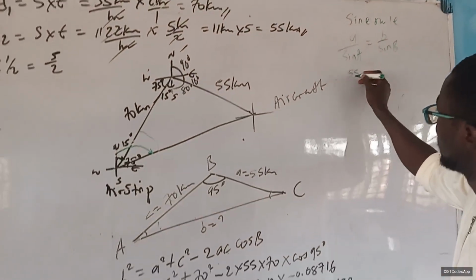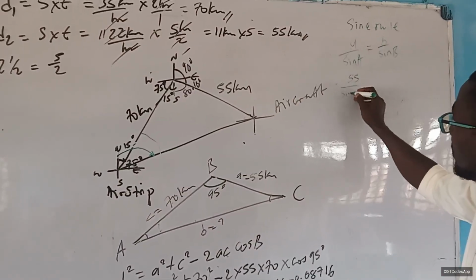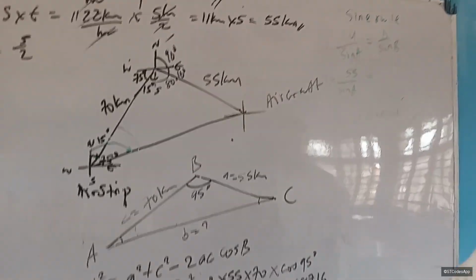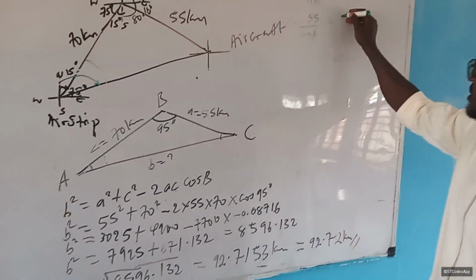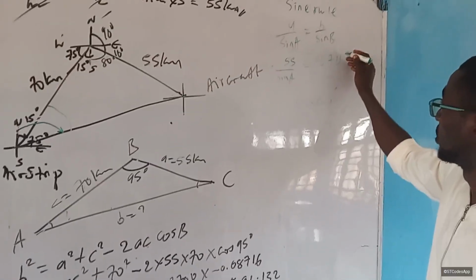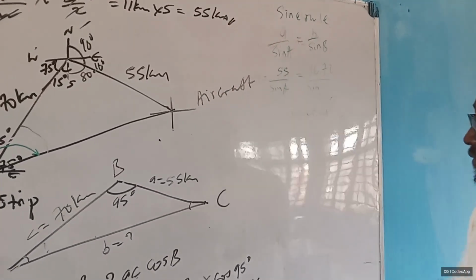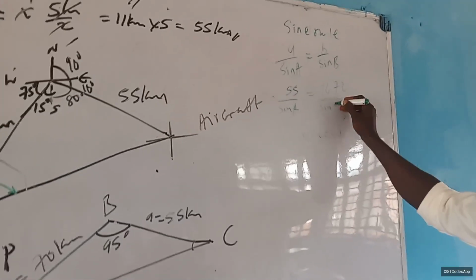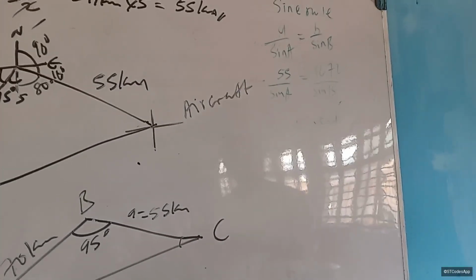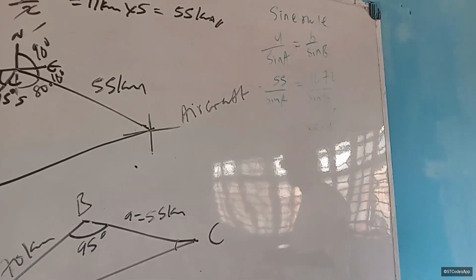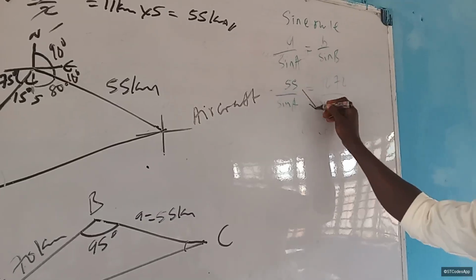The value of our a is 55. So we have 55 over sine of angle A, which is what we are looking for, equal to our b, which is 92.72 kilometers, over sine of angle 95 degrees. Now from this point, our aim is to find the value of this A. So we are going to multiply like this.